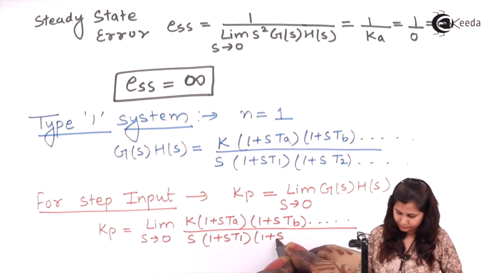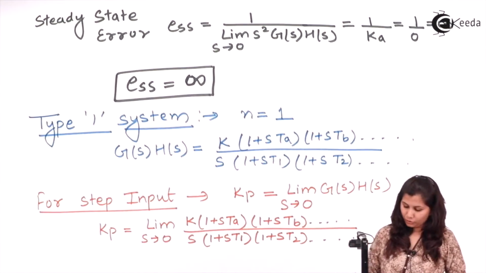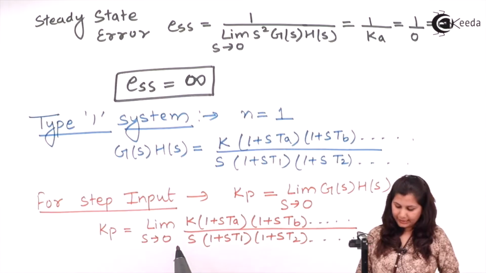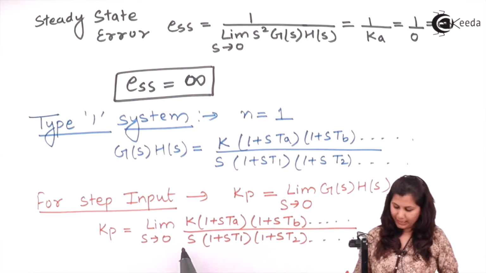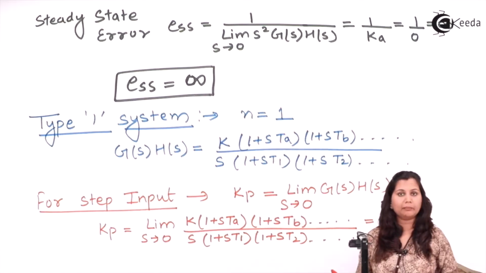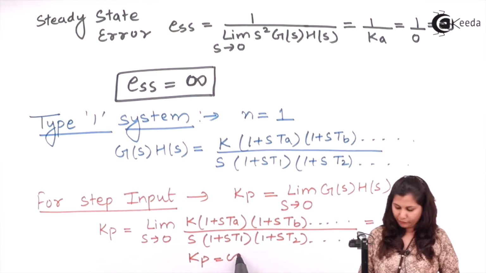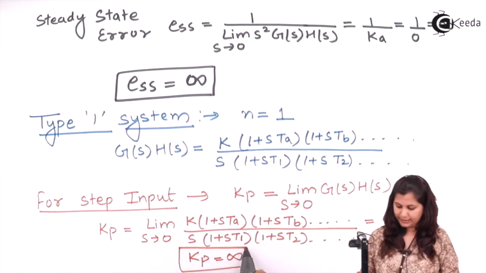When we put s equals to 0 here, we will get the value of Kp as infinity, because 1 upon 0, or we can say K upon 0, will become infinity. So Kp will be equal to infinity for type 1 system.